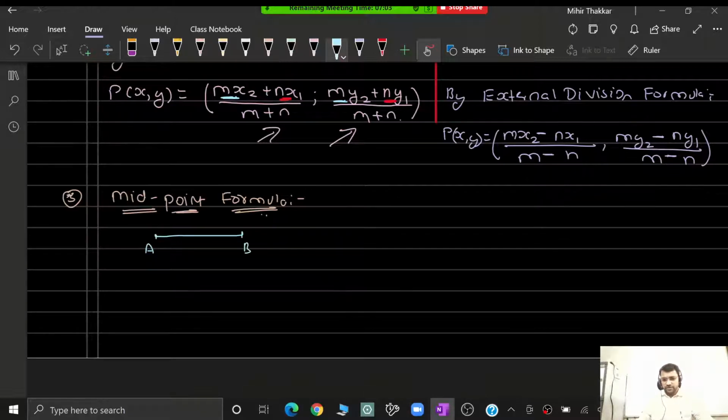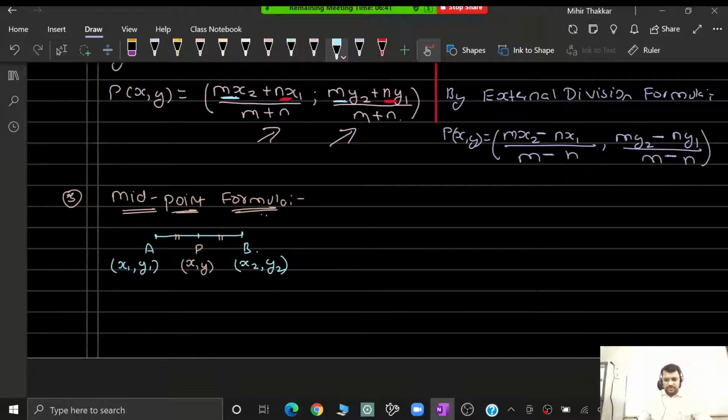Again, two points A and B. Point P over here lies exactly at the center of A and B. As usual, P is (x, y), A is (x1, y1), B is (x2, y2).